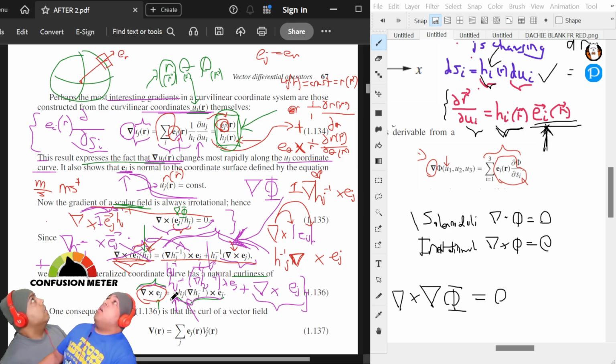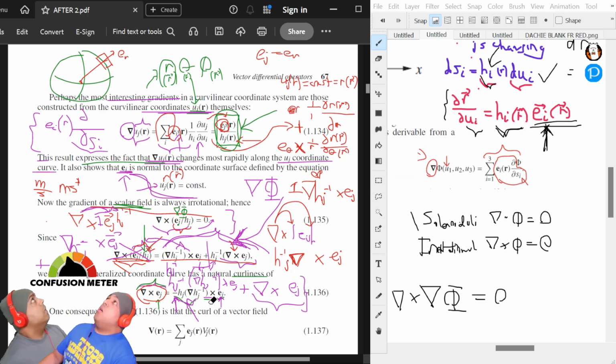The curliness of a coordinate curve is, oh my god, negative the scale factor of that coordinate curve, multiplied by the curl of the coordinate slash coordinate curve, I don't know the correct word, and the gradient of the reciprocal of, is that HJ?